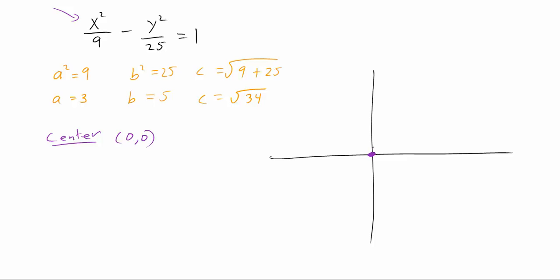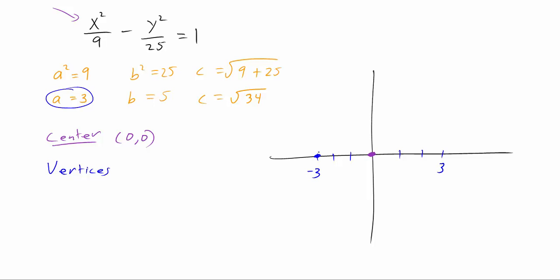Then we want to identify the vertices. Just like when we worked with the ellipse, the vertices are a distance of A from the center. Here our A value is equal to 3, so we go 3 places to the right and 3 places to the left.